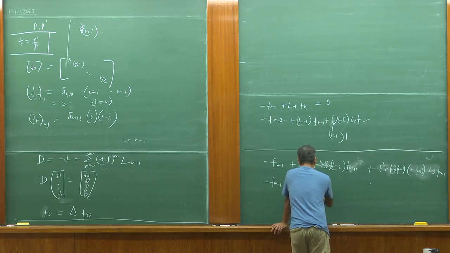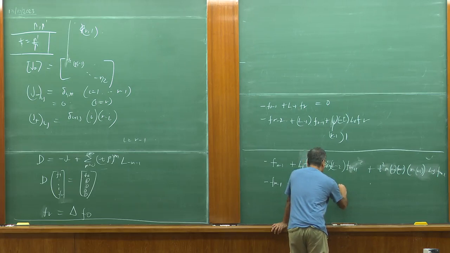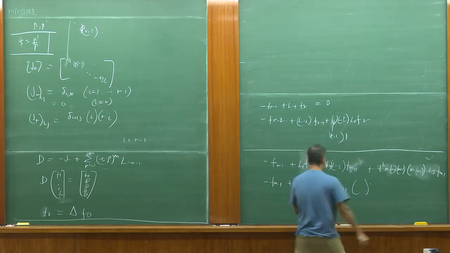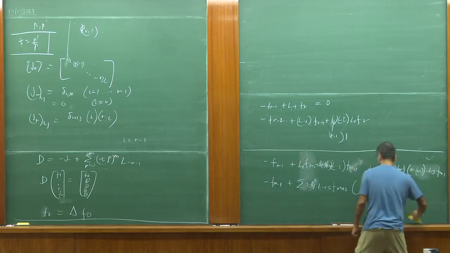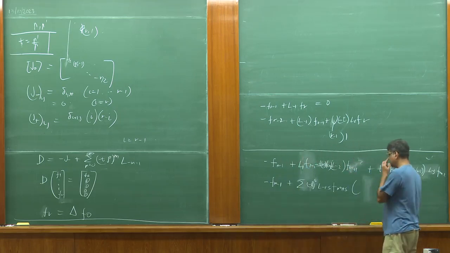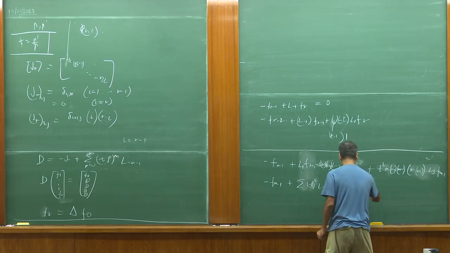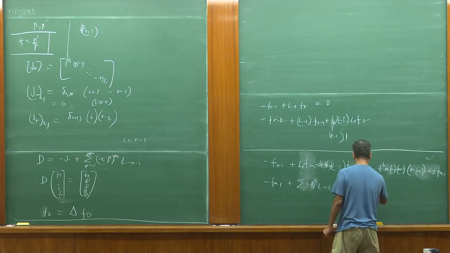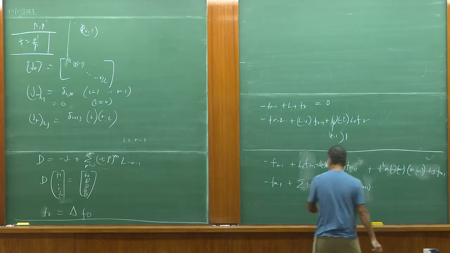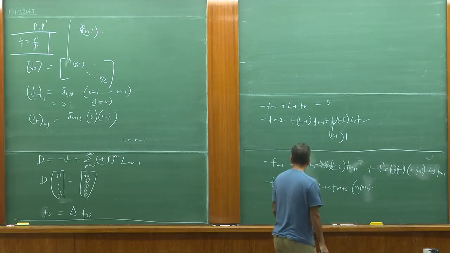So minus t to the power s L minus 1 minus s f m plus s, and then the coefficient would be, well, we've raised up to m, but then we raised m plus 1, and how many such terms do we have?